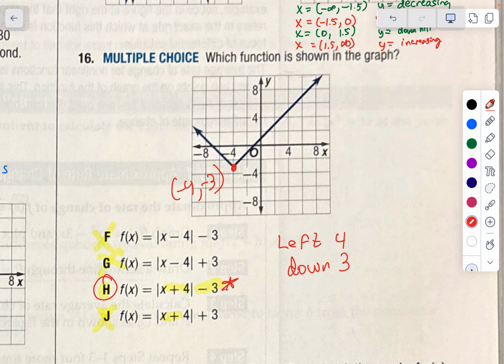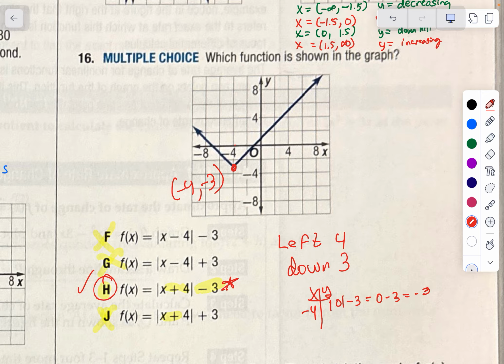Now, how do you check? Because if you forget your rules, how do you check? Would you agree that the vertex of that point is -4? So all you got to do is plug -4 into this equation. We better get -3. If we don't, then we picked the wrong one. Okay, so at -4, we get the absolute value of 0 minus 3, or 0 minus 3 is -3.